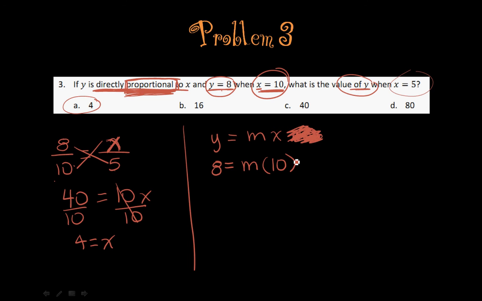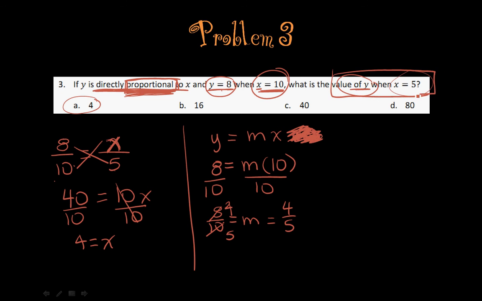Okay, so we divide both sides by 10 to get m by itself. And so now we know that m, or the slope, is 8 over 10, which could be reduced to 4 over 5. I divided the top by 2 and I got 4, and I divided the bottom by 2 and I got 5. Now we can go and figure out the last half of this problem.